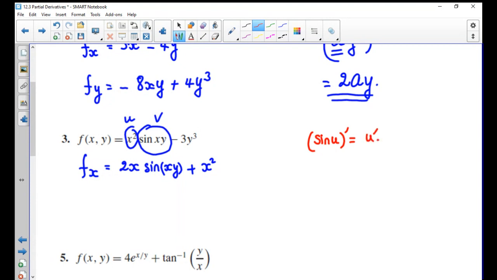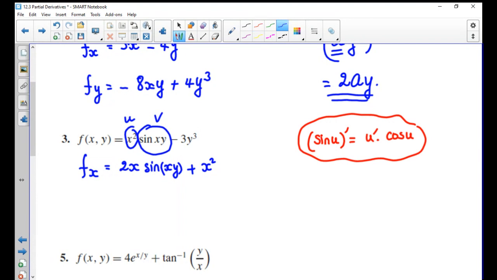U prime cosine u. Yes, very important. So all the rules that you learned in calculus 1 should be helpful here. Here, what is u dash? Y, exactly.